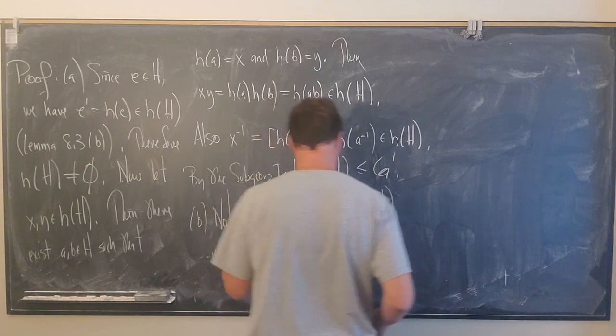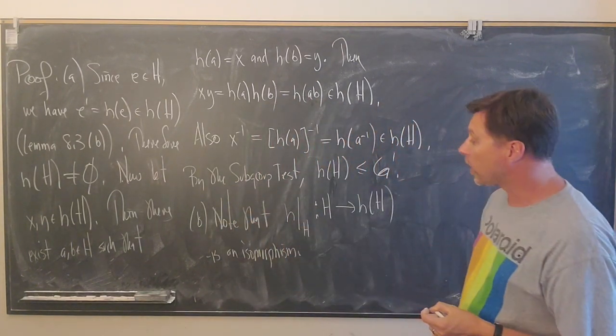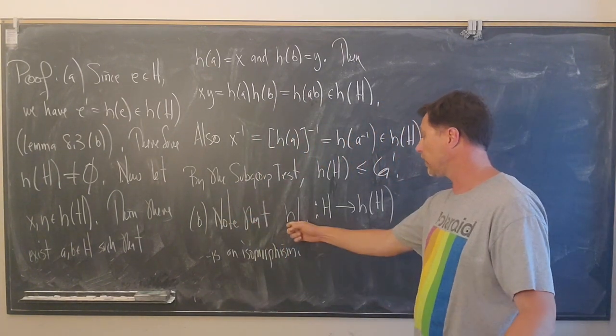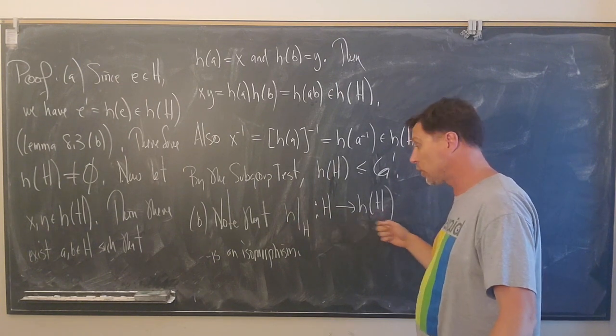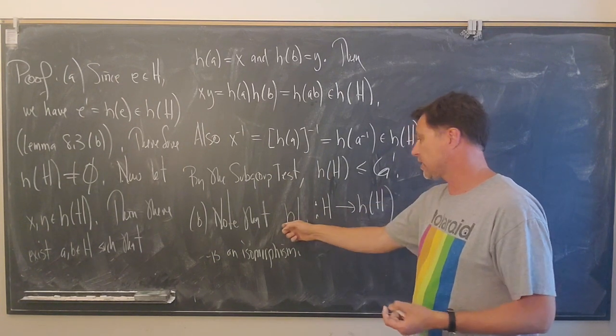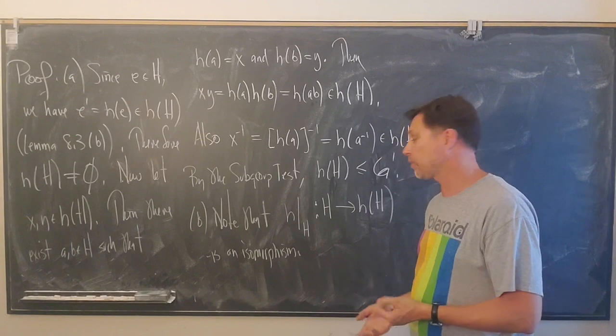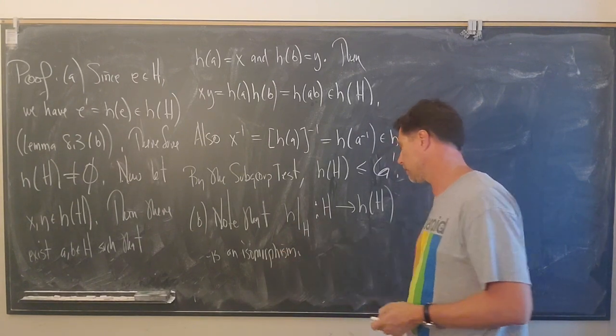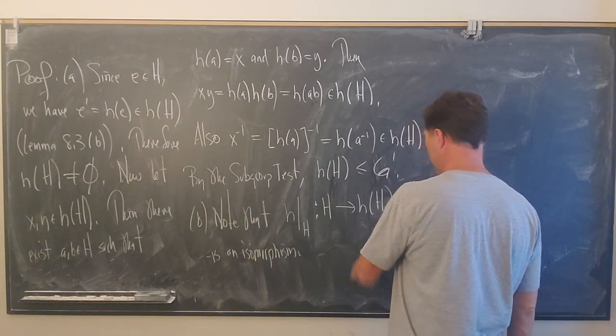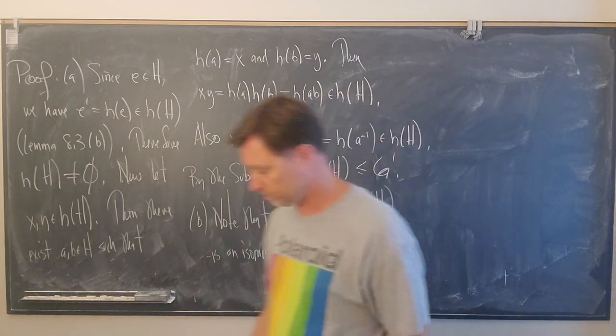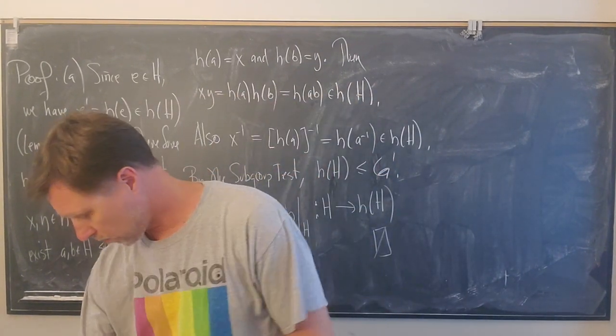And there's nothing surprising here. If we assume that little h is one-to-one, it is then onto its image, and h itself has the homomorphism property, so now we have a bijective homomorphism. And that's exactly what we need, an isomorphism.